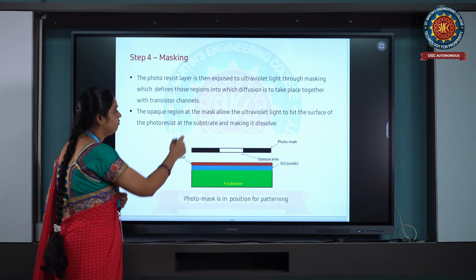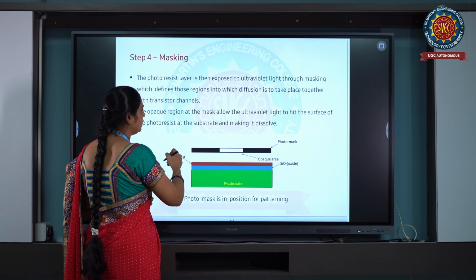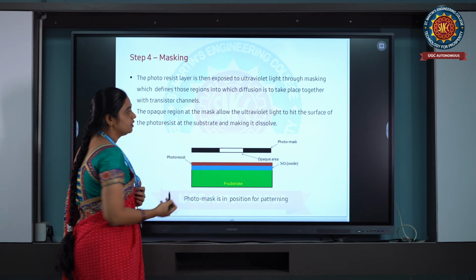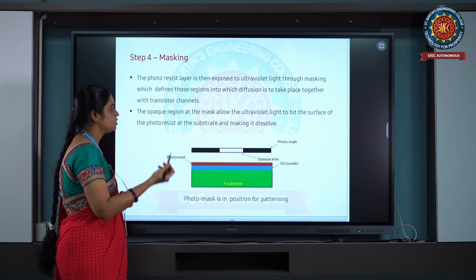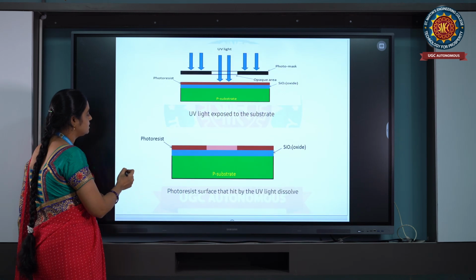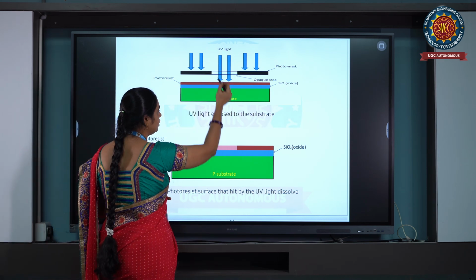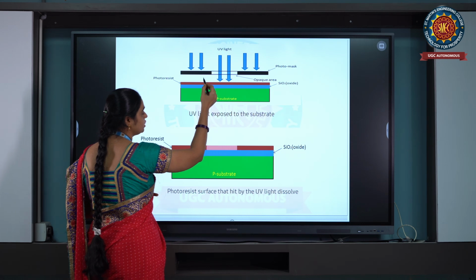When we pass the ultraviolet rays on this region, what will it become? The opaque region will become dissolved. It will be dissolved by the acid. Next, this is the step where we are sending UV light on the masking region. We are sending the UV light to the substrate.